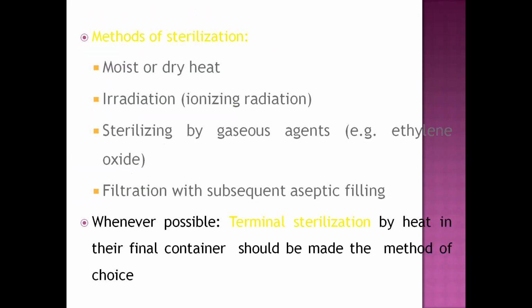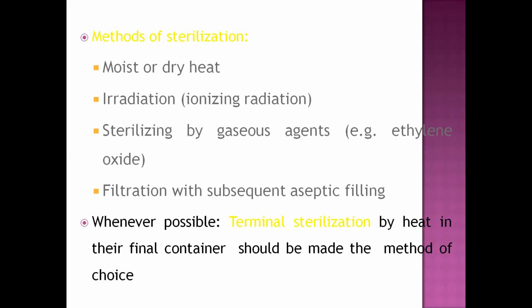Then methods of sterilization. What are the different methods of sterilization? I have already studied them at the degree level, but in the industry there is a small variation. Methods of sterilization may be either moist or dry heat, even irradiation, ionizing radiation, and even sterilizing by gaseous agents like ethylene oxide, and can also go with filtration with subsequent aseptic filling.